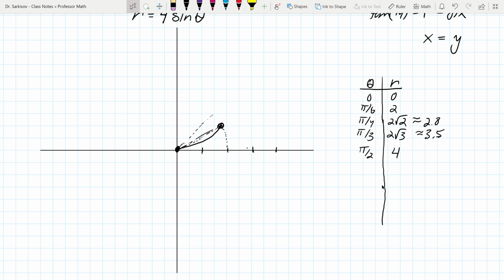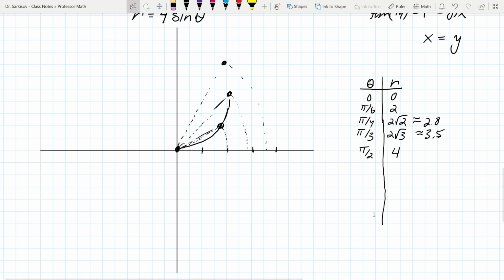So that's about right here. Let's see, like that. So we have a point there, right? And so we're kind of increasing, increasing, increasing. Let's look at pi over 3. All right, we have about 3.5, so we have about a point right there, okay?